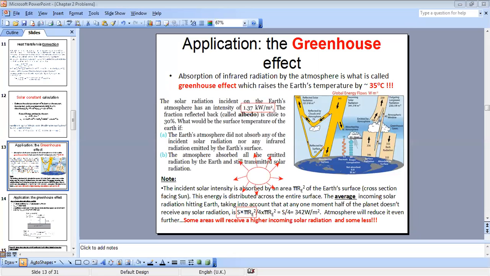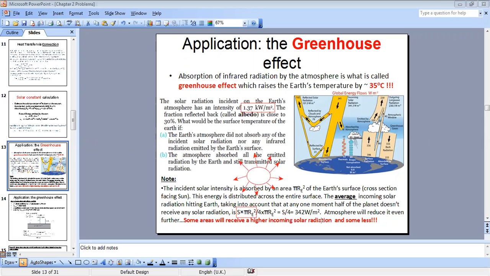If 100% is transmitted, no reflected proportion, but it's never the case. As you can see here, nearly 30% is reflected. But in the extreme case, if I divide 1370 by 4, I get the intensity of radiation emitted back by the Earth, which is 342 watt per meter squared.